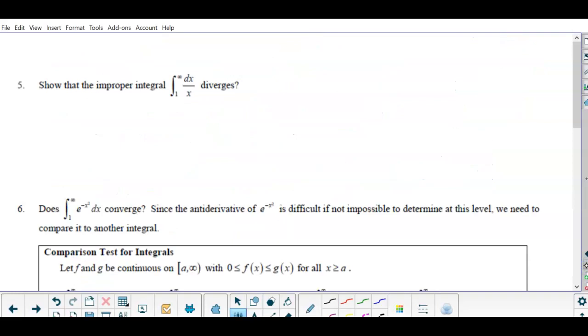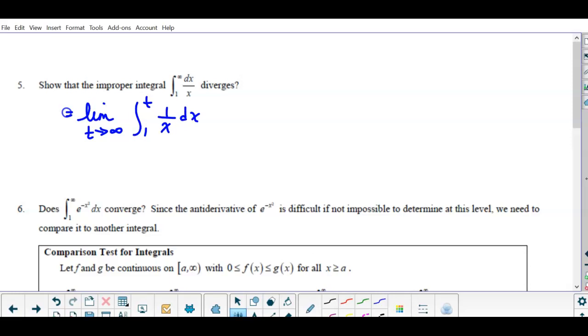Okay, show that the improper integral diverges. All right, so we're telling you that it diverges, so let's see what happens. It's going from 1 to infinity, so this is going to be equal to the limit as t goes to infinity from 1 to t. I'm just going to show it as 1 over x dx.